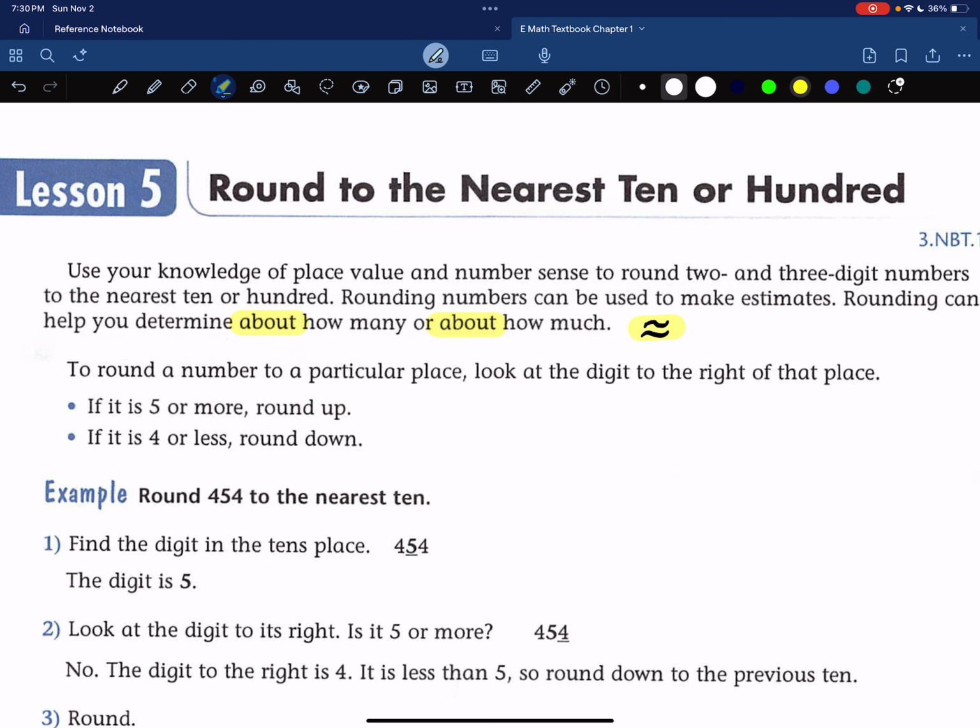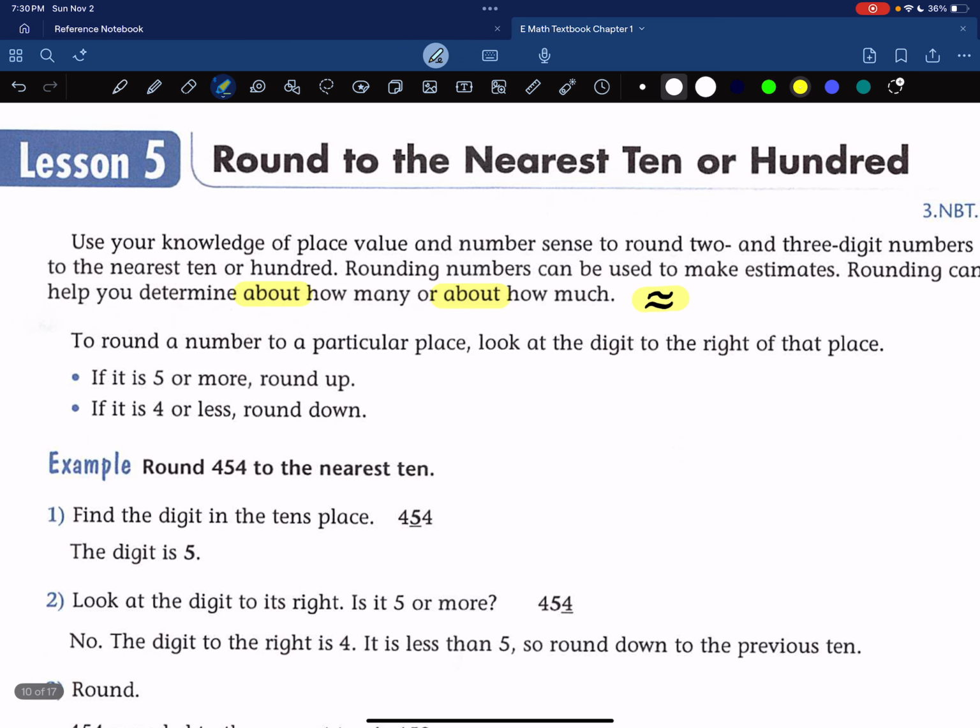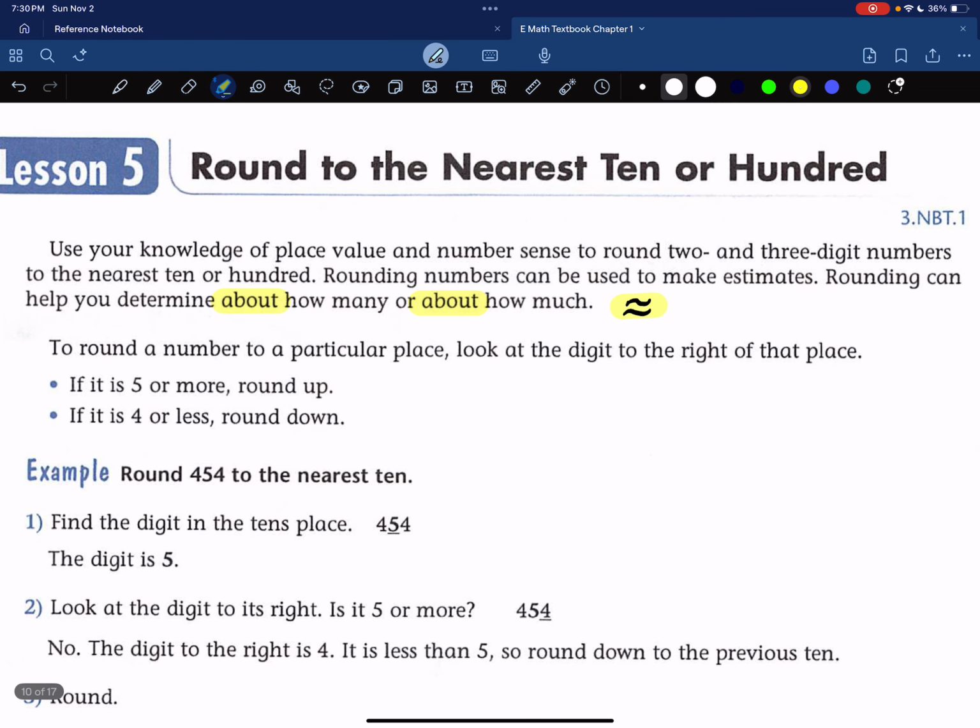To round a number to a particular place, look at the digit to the right of that place. Now, you and I have talked about this. The digit to the right of that place is called the neighbor in our diagram. And I'll bring our diagram in here for you to look at.